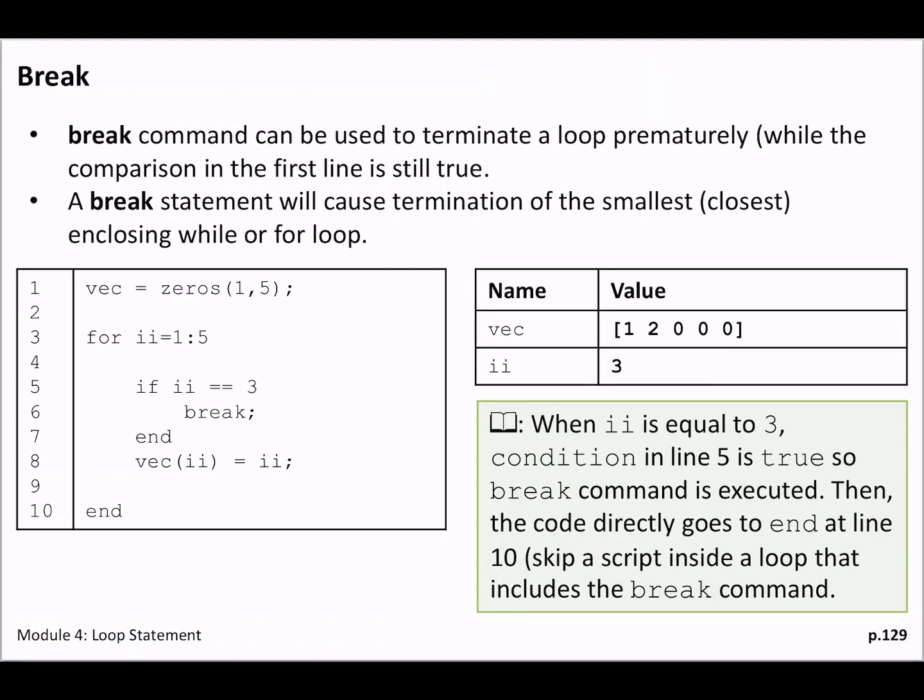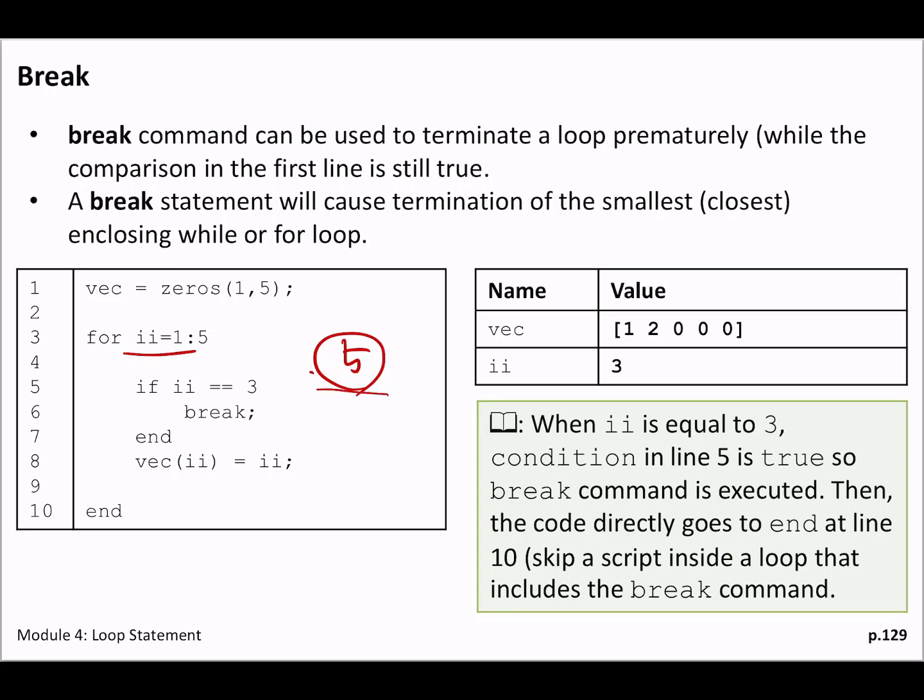The break command is to escape the loop structure in the middle of the iteration, to terminate the loop. For instance, in this case ii is equal to 1 to 5, meaning the iteration is 5 times, right? But if you break, we don't need to do all 5 times.